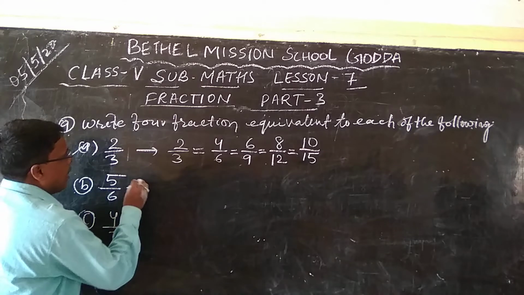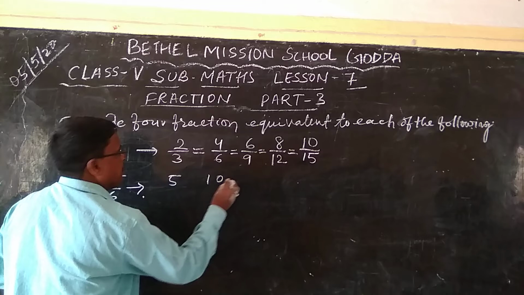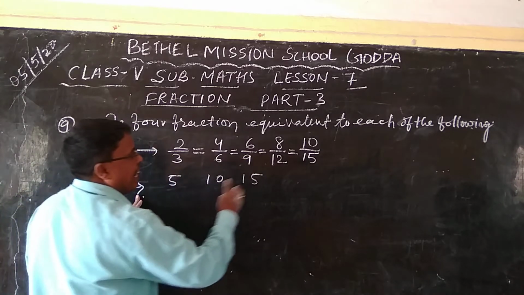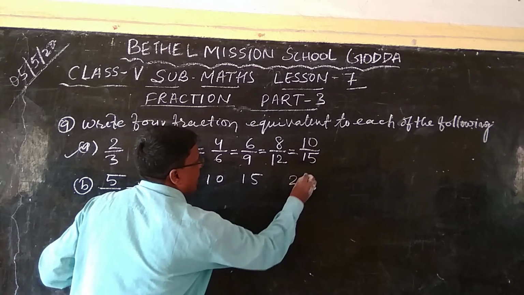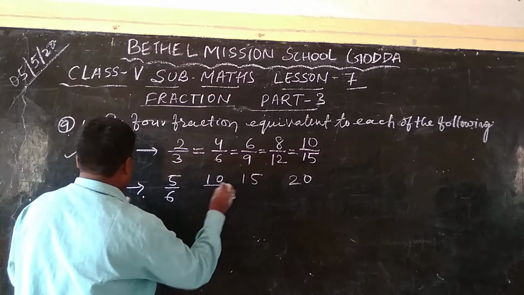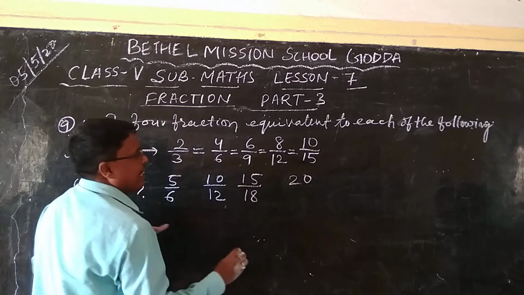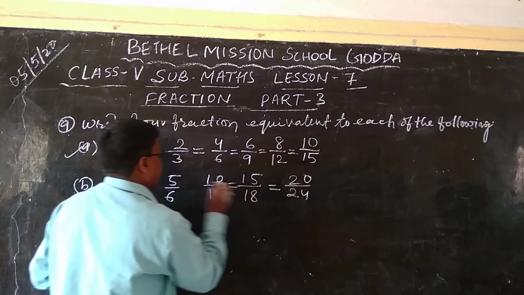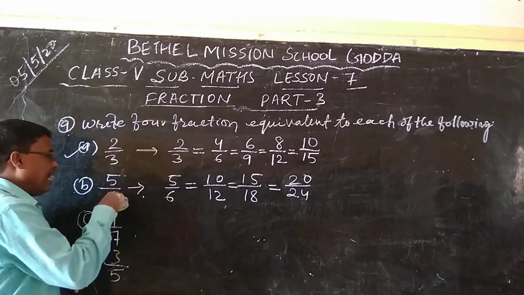Same here, right? Like this. 5, 10, 15: 5 1s are 5, 5 2s are 10, 5 3s are 15, 5 4s are 20. 6 1s are 6, 6 2s are 12, 6 3s are 18, 6 4s are 24. These are equivalents of 5 by 6.